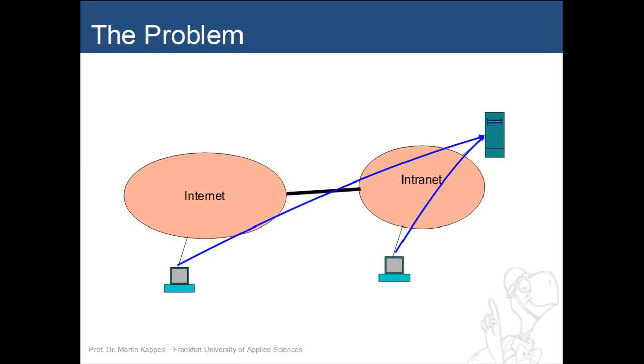So in the intranet, there might be special services which are solely meant for members of the institution running the intranet, and which should not be reachable from other networks through the internet.